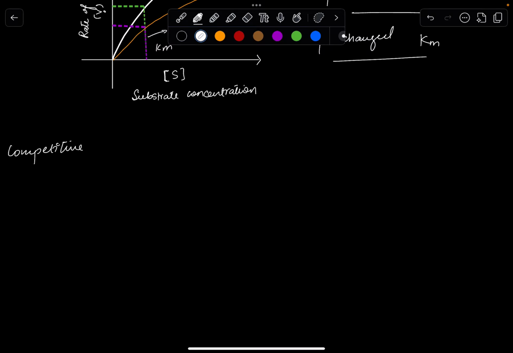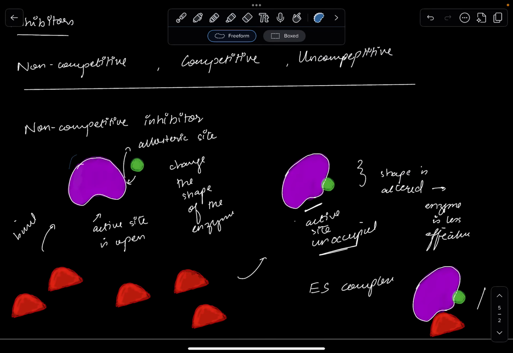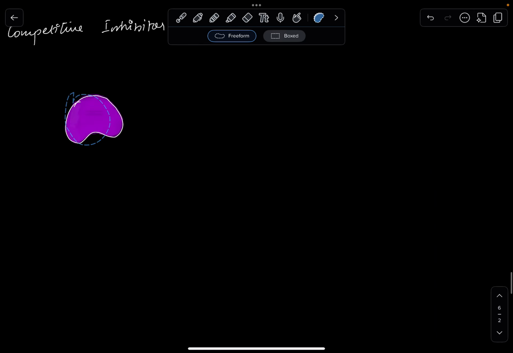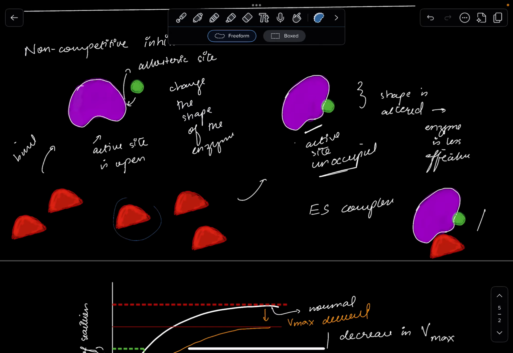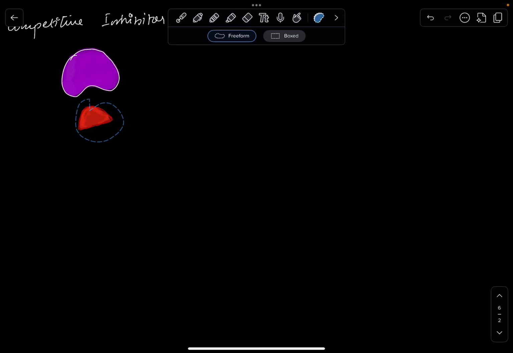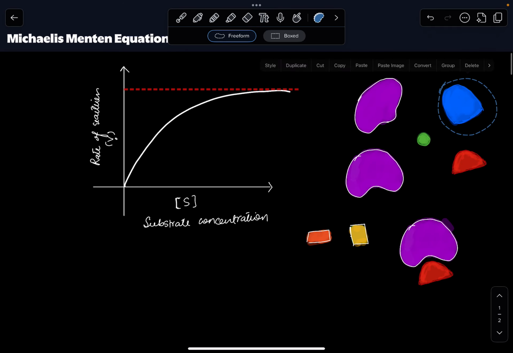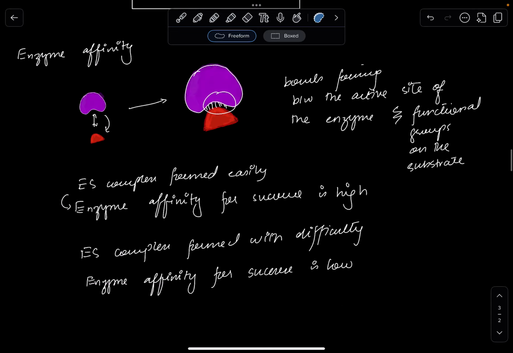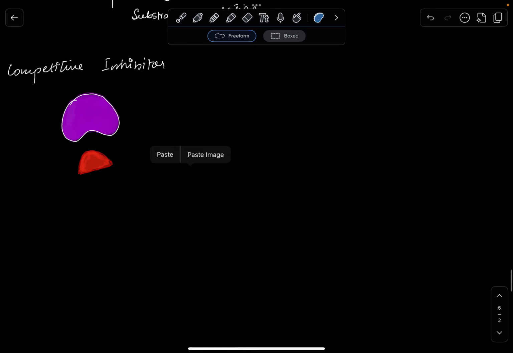Now, competitive inhibitor means that the enzyme's active site is being competed for. So if this is the original substrate that we're interested in, and let's say this is our inhibitor.